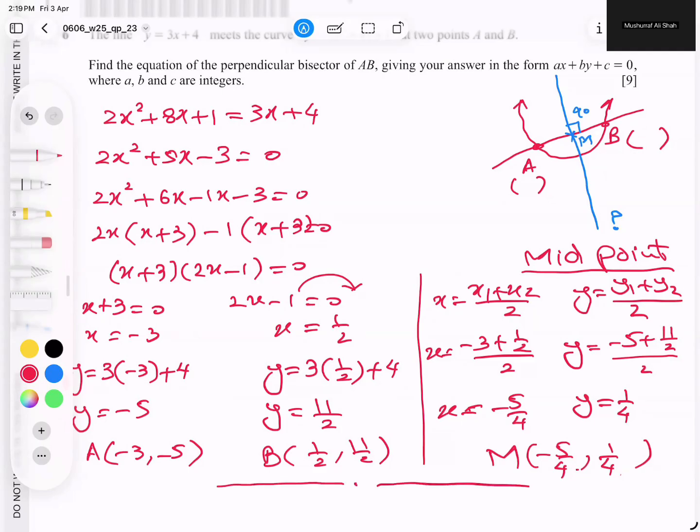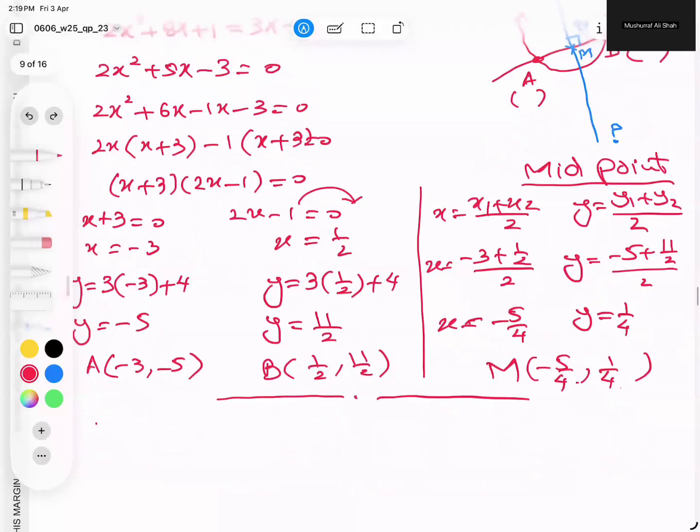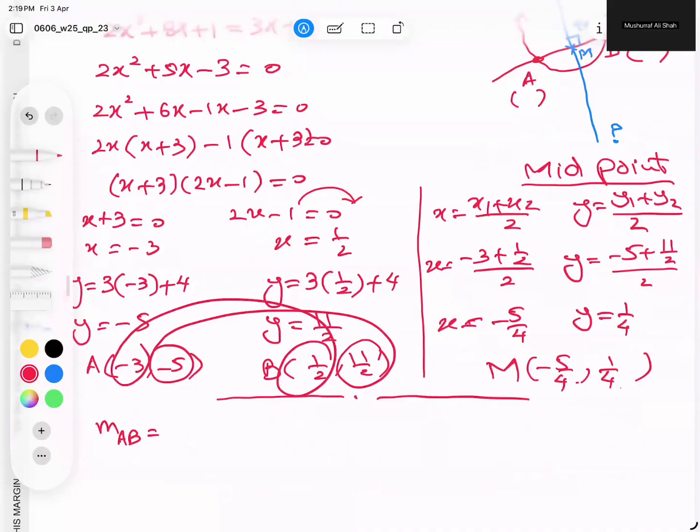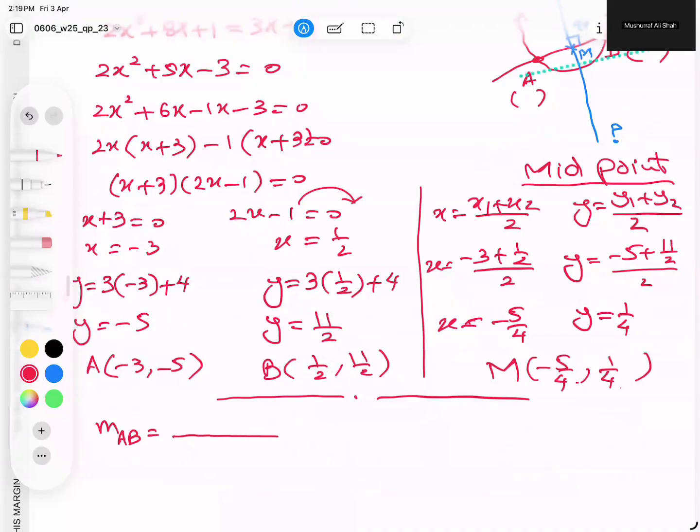Now I'm finding the red line gradient. How to find the red line gradient using AB? The AB gradient is y2 minus y1 over x2 minus x1. So be careful. If I check it, the gradient turns out to be, let me recheck: 11 over 2 plus 5, divided by a half plus 3.